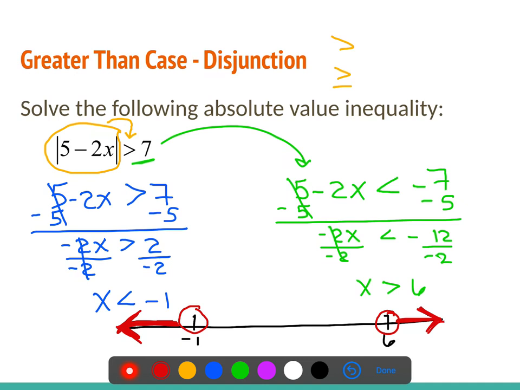Notice these are pointing away from each other. Disjunction, greater than case. That means nothing can be here in the middle. There's nothing here in the middle that is an answer. Only the things that are smaller than -1, like -2, -100, and bigger than 6, like 10 or 5,000, are answers to this solution.